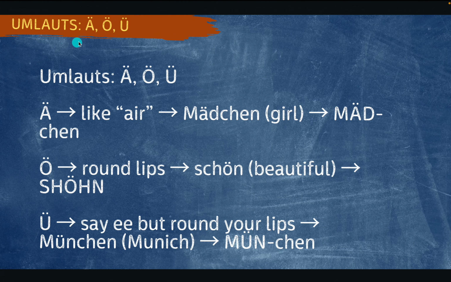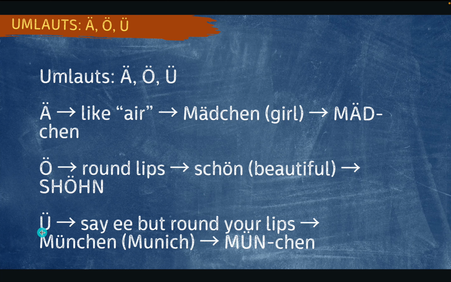And of course, the umlauts. The first umlaut, you read it with air, like air, imagine. So A with two dots, umlaut A, just remember the word air. Now O with two dots, umlaut O: round your lips, lean to the lower part of your lip and say shin.